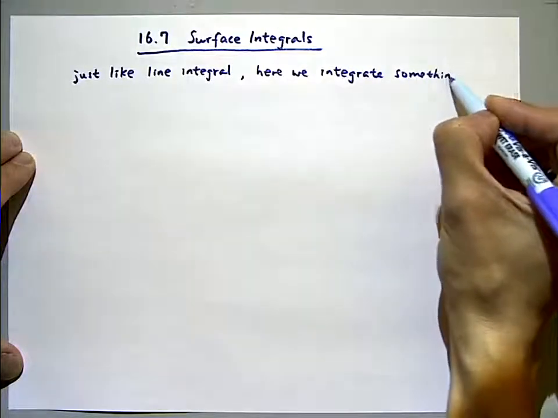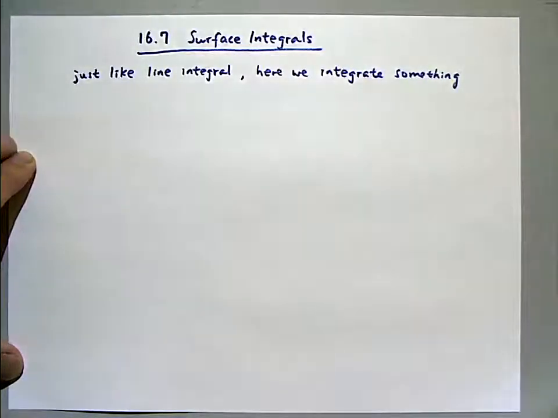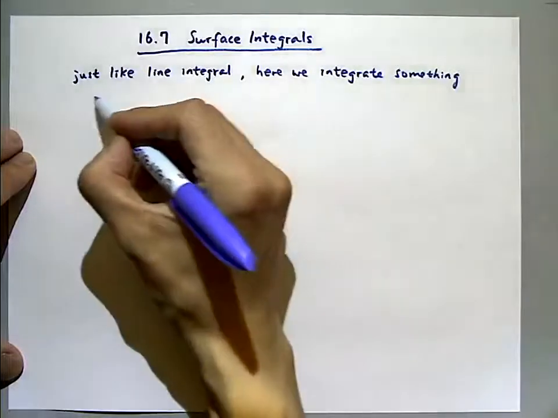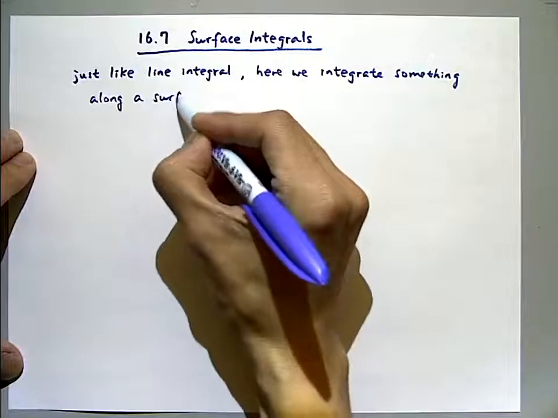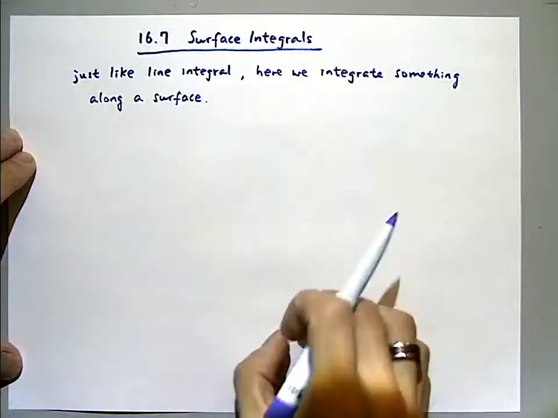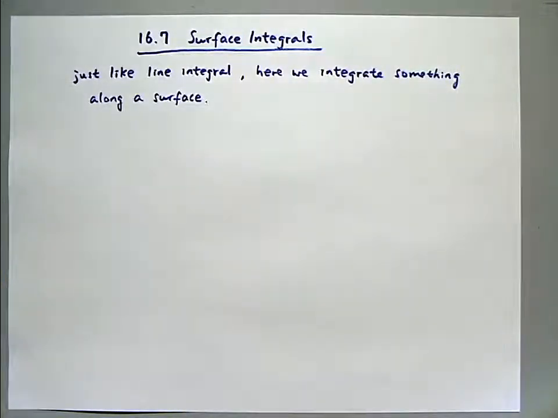Integrate something that could be the density, could be mass, could be whatever. And the formulas we'll be deriving will look very, very familiar to you if you remember line integrals.